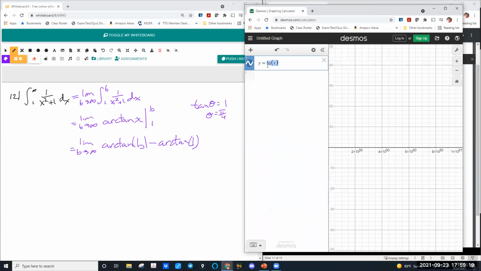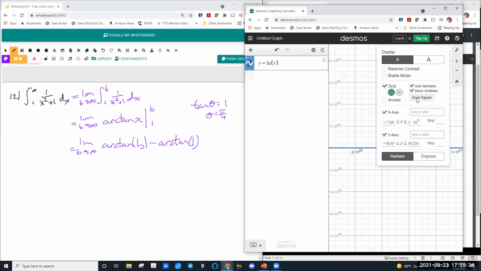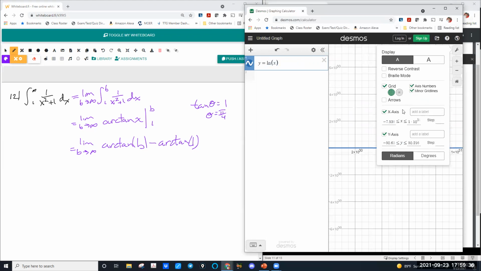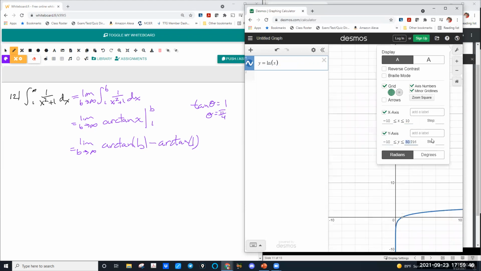Let's graph arctan. And let's get back into a normal window. So let's just do negative 10 to 10 and negative 10 to 10.